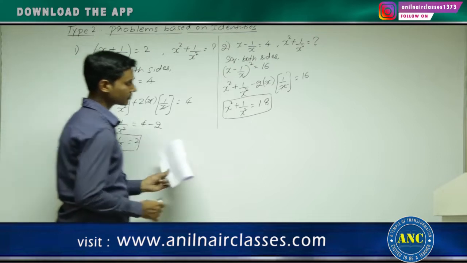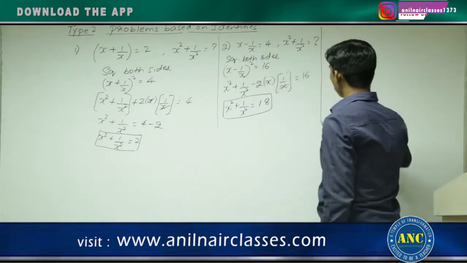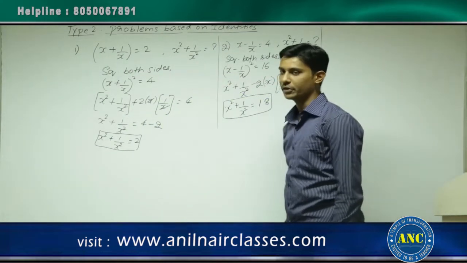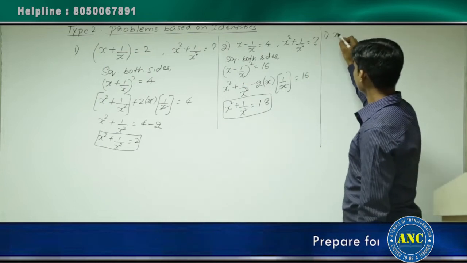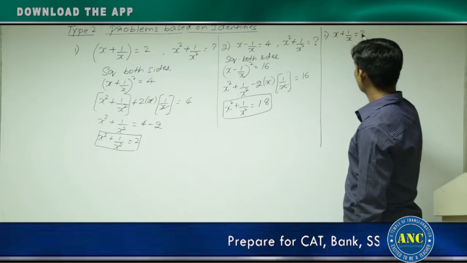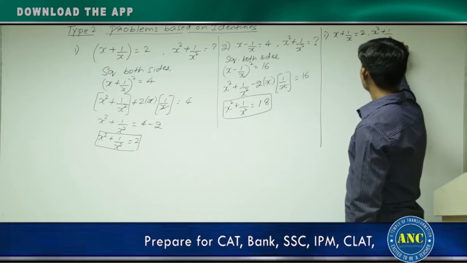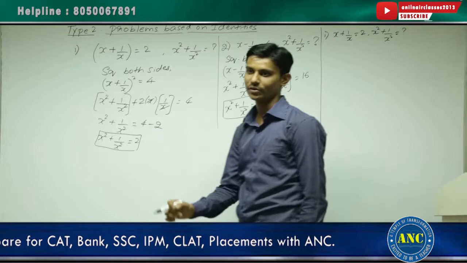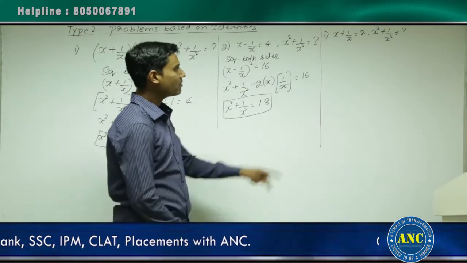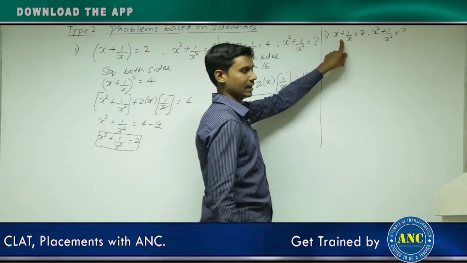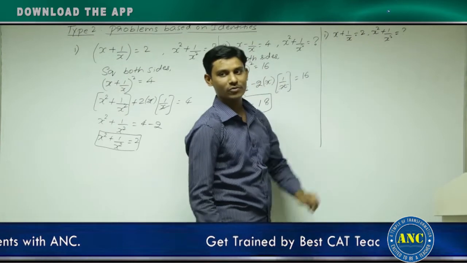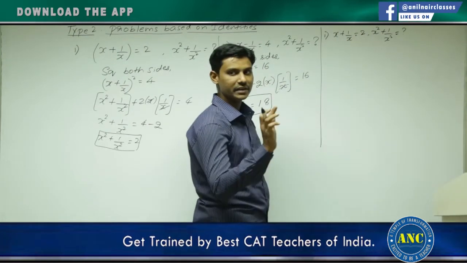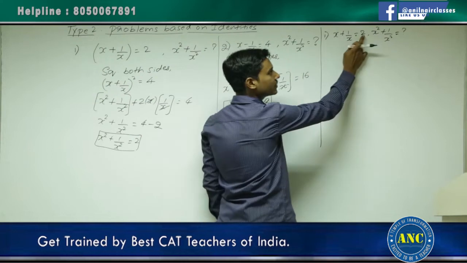Now see here. Listen to this carefully. Suppose you observe the first question says x plus 1 by x is equal to 2. They are asking x square plus 1 by x square value, right? Now listen to this carefully. Whenever the question is given as x plus 1 by x and they are asking the value of x square plus 1 by x square, the easiest way to solve is square the right hand side.